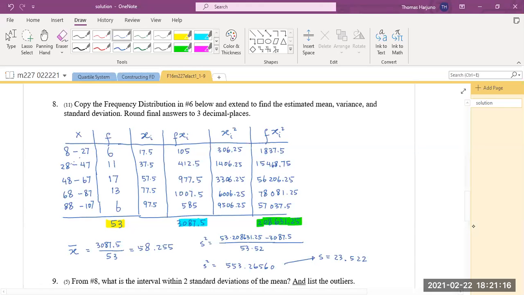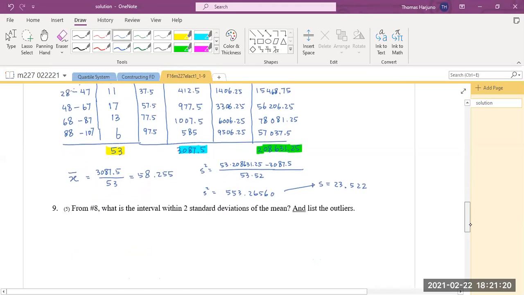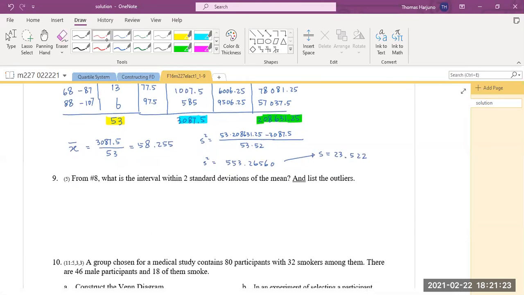Now, number 9. What is the interval within twice standard deviation of the mean? Some extra note here.